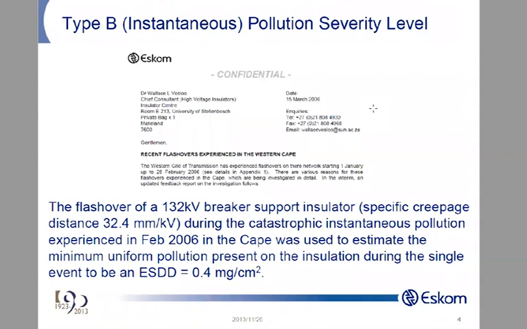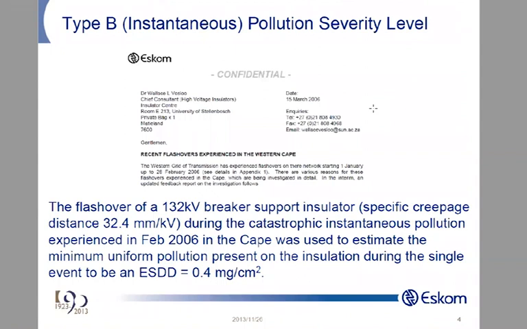And now we got what we call instantaneous pollution events which are occurring. You can have beautifully clean, pristine insulators, and then in an hour, when you finish, what's left on the insulator is nothing, because it was a sudden electrolyte boom and there's no ESDD really left.